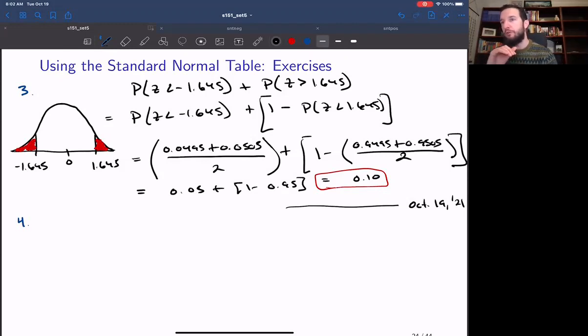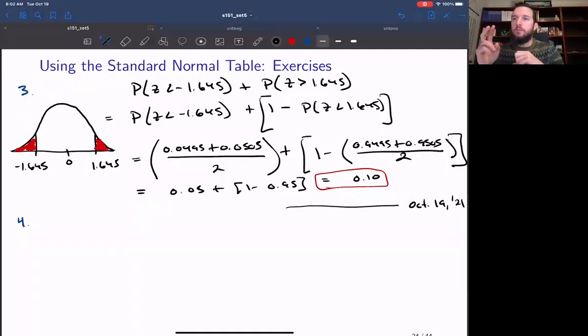Okay, so we're going to look at one more example of finding area underneath the standard normal curve. So this will serve as a refresher of what we were learning on Thursday when we first introduced this curve and the corresponding table. After this exercise, we're going to go in reverse, and we are going to use area underneath the curve to find a z-score along the axis of the curve.